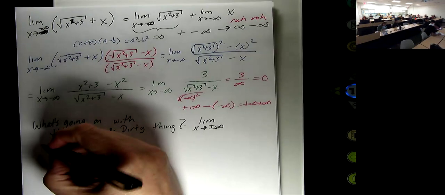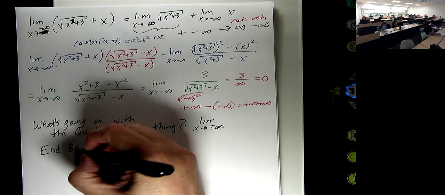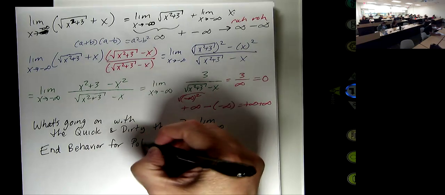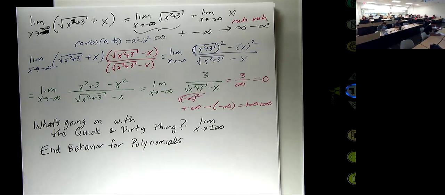We're now looking at end behavior for polynomials. End behavior means what's happening at the ends of the graphs, or at infinities.